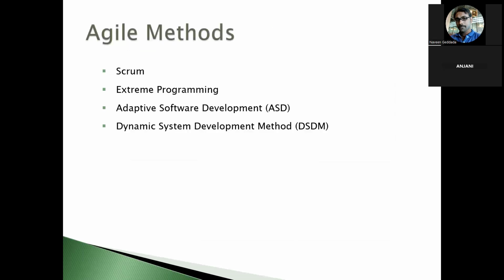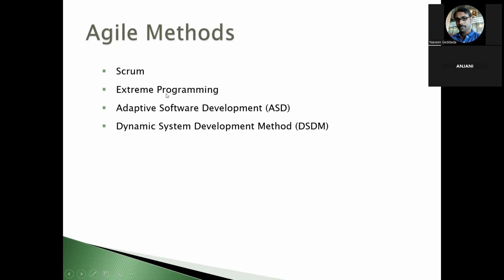So what are the different methods that support the Agile framework? Scrum, extreme programming, adaptive software development, which is ASD, and DSDM, which is the dynamic system development method. Among these four methods, we will be using only Scrum.